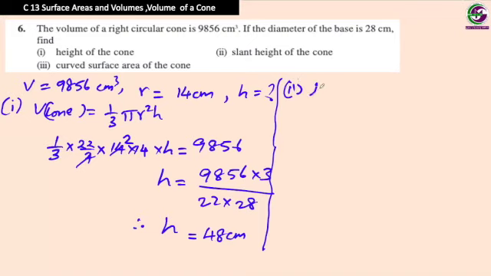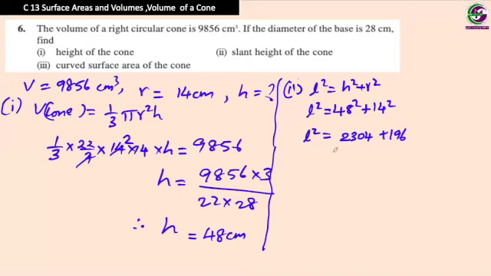Slant height L square is equal to h square plus r square. So L square is equal to height 48 square plus radius 14 square, which is 2304 plus 196, which is equal to 2500. When you take square root, slant height will be 50 centimeters.